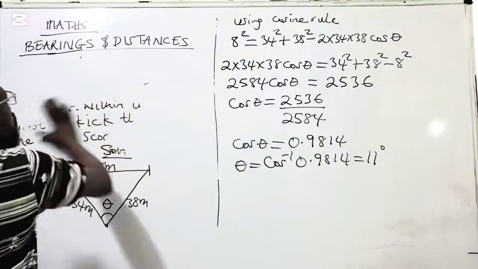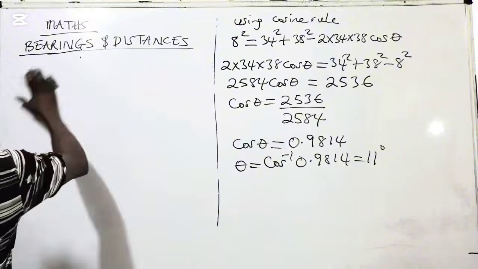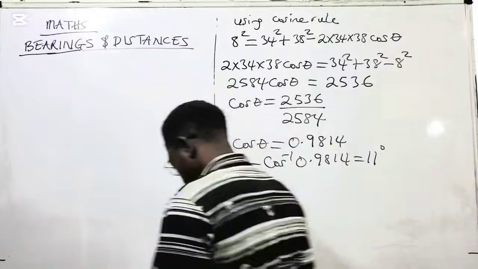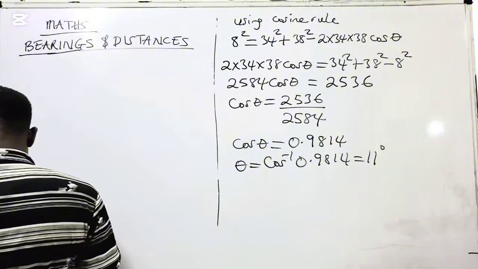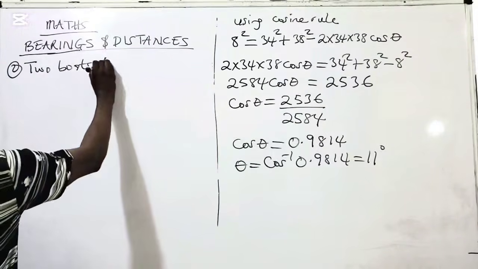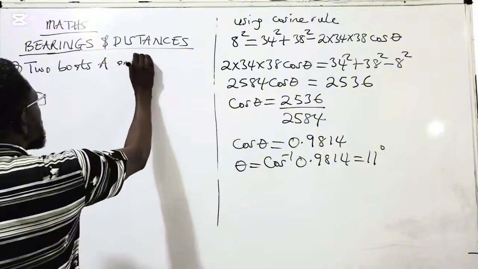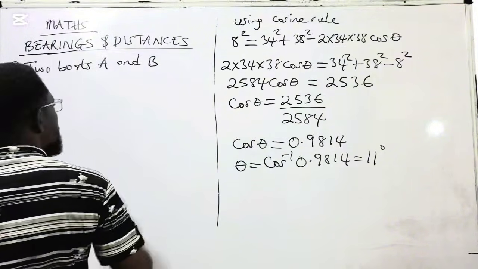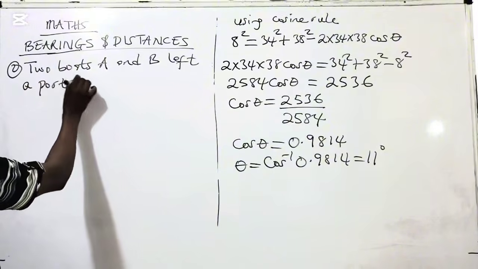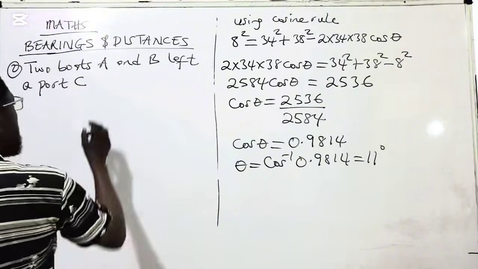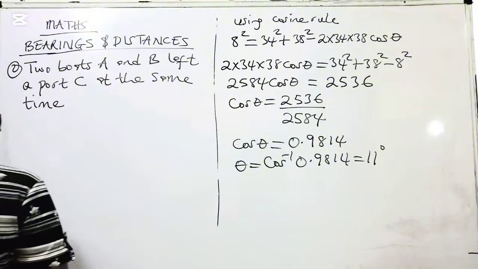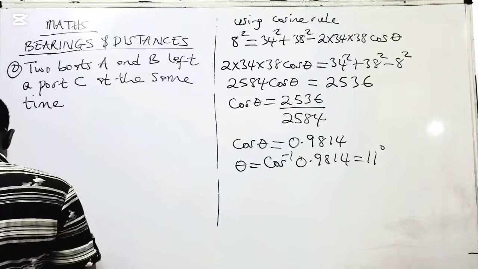Let's look at example 2. Two boats, A and B, left a port C at the same time on different routes.